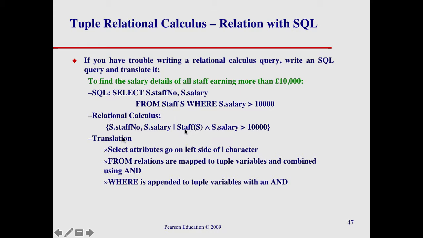So you simply replace in the relational query for each relation, you'll name it, give it a tuple variable name, and then you'll put and signs, and that's what this vertical caret is. And then you take the where clause and you append it to the tuple variables with an and. This is a very important slide, slide 47, for your homework assignment number 3.